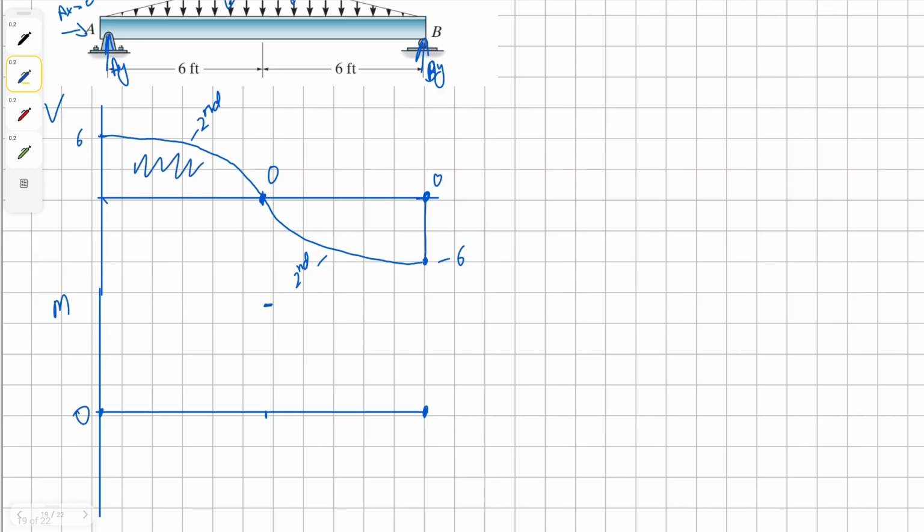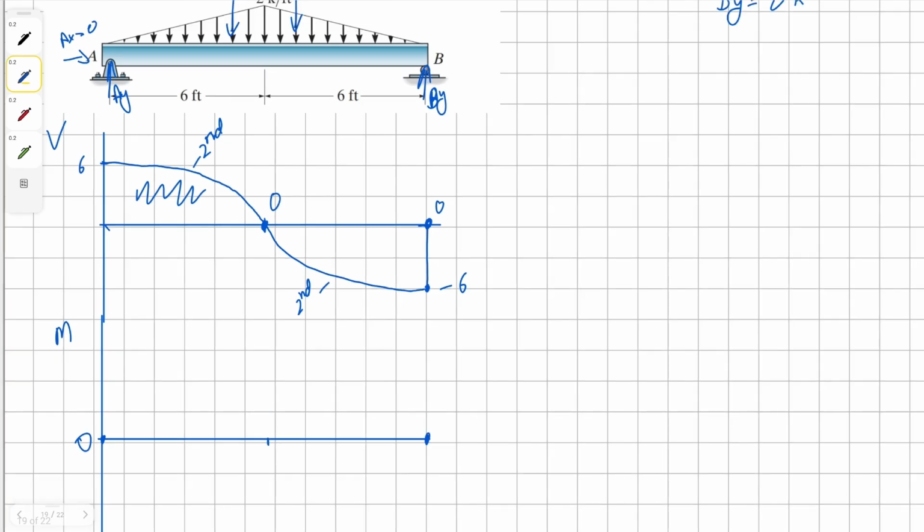And now we just have to find the area under the shear curve from 0 to 6 feet. And our area under the first shear curve is positive 24. We get it by using the semi-parabola area formula, which is 6 by 6.